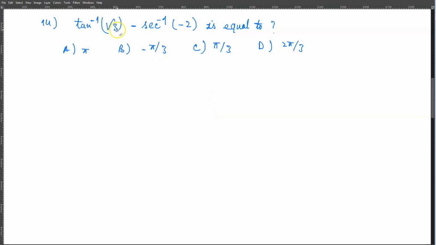So tan inverse of square root of 3 minus secant inverse of negative 2 is equal to which of these?